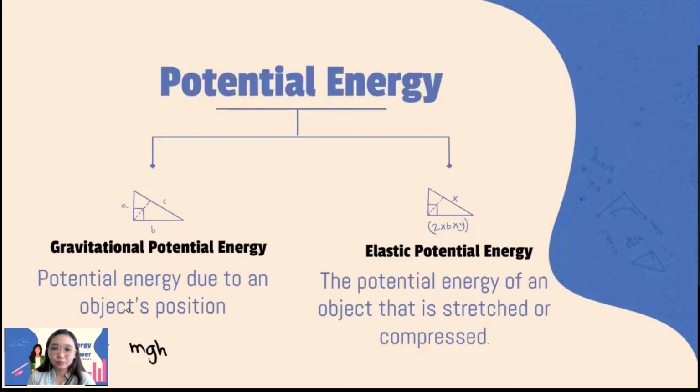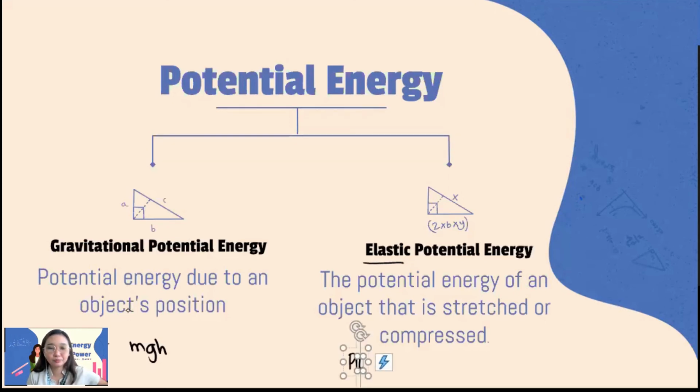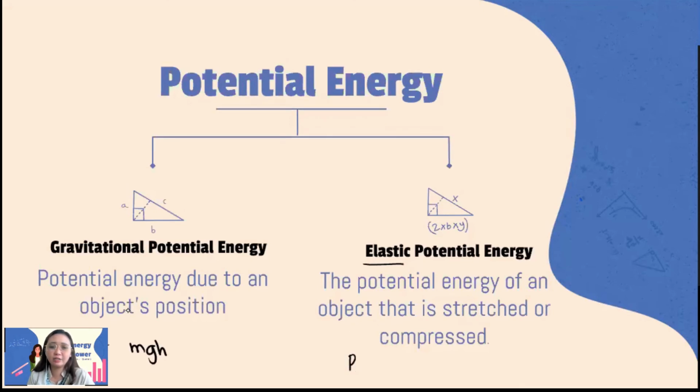Okay? Next, we have elastic potential energy. This energy occurs if an object is stretched or compressed. Okay, based from the term elastic, ni-stretch natin, tsaka kinompress natin. Ang equation niya kakaiba kay gravitational potential energy.